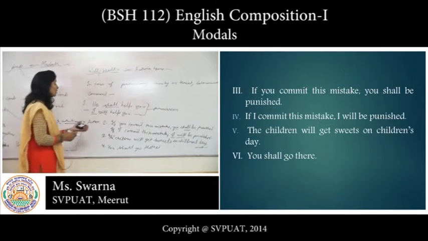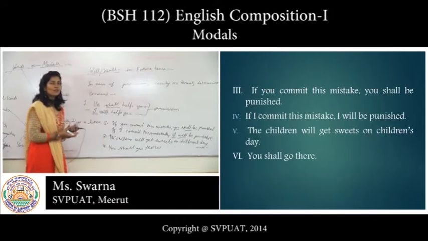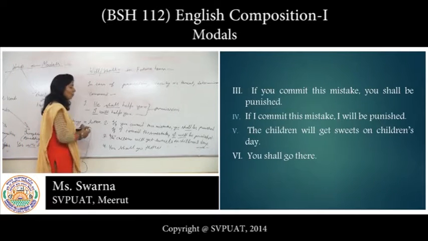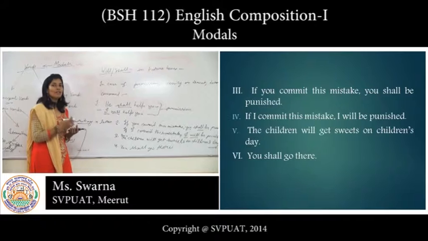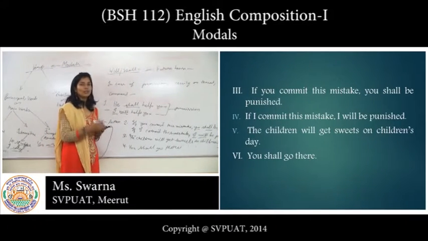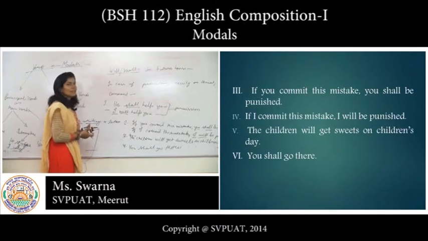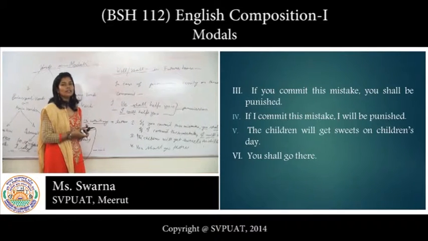The example: the children will get sweets on Children's Day. This is the case of determination. And another example, you shall go there. We have used shall with you. Why? Because this is the case of command. You shall go there. So these are the examples of how to use will or shall interchangeably in special cases of sentences.